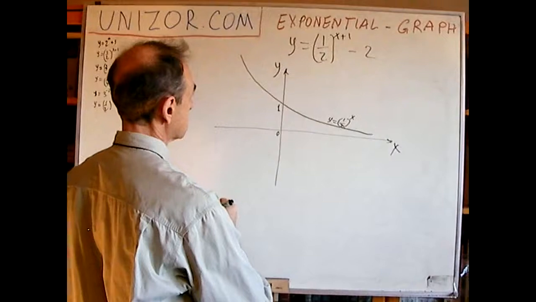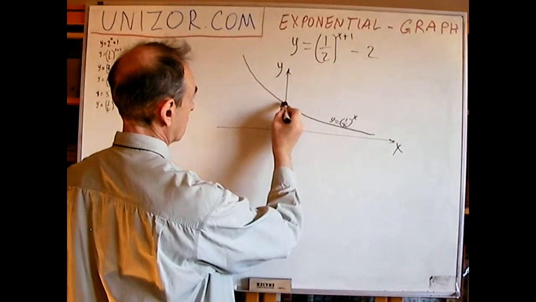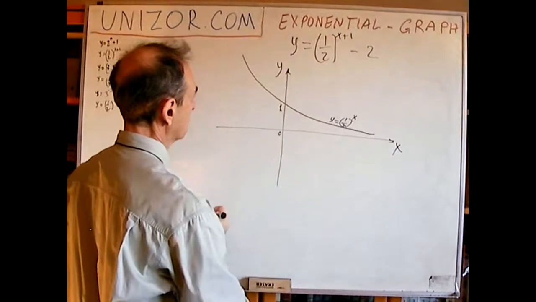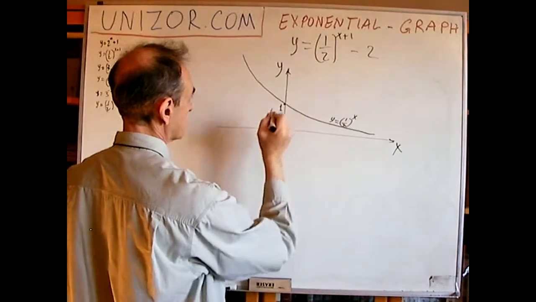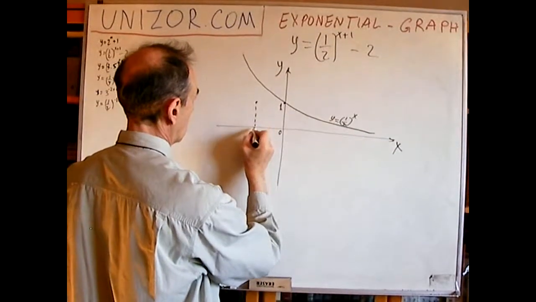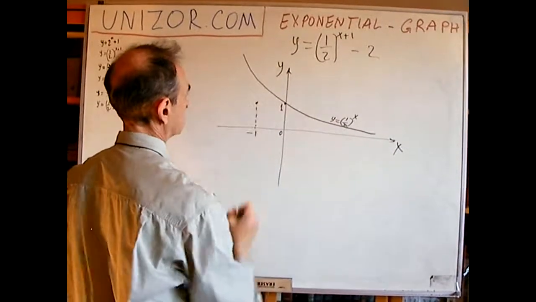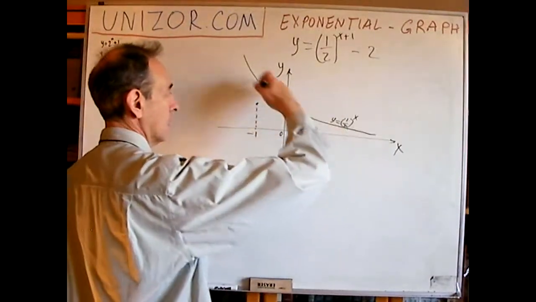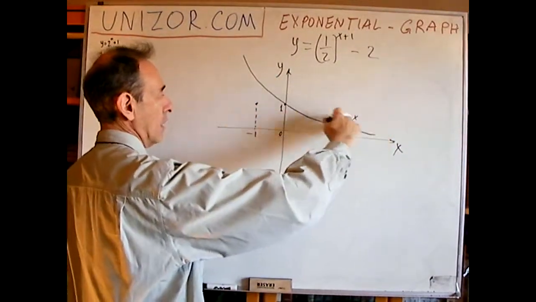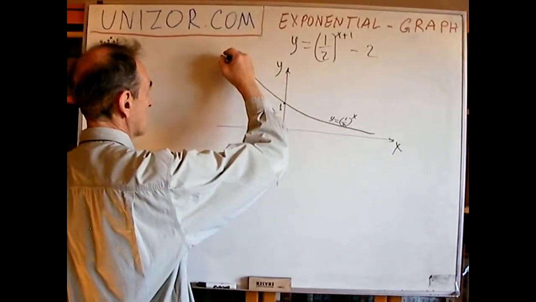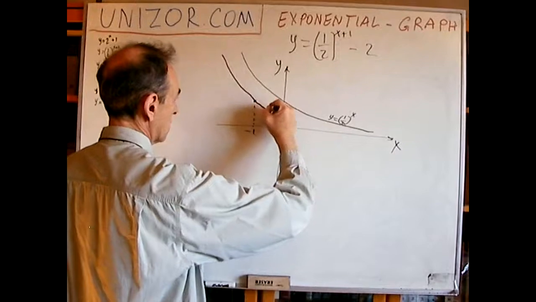So instead of intersecting the y-axis at point 1, instead of going through point 0, 1, it will go through point minus 1, 1. However, the asymptotic behavior as x is increasing remains the same.